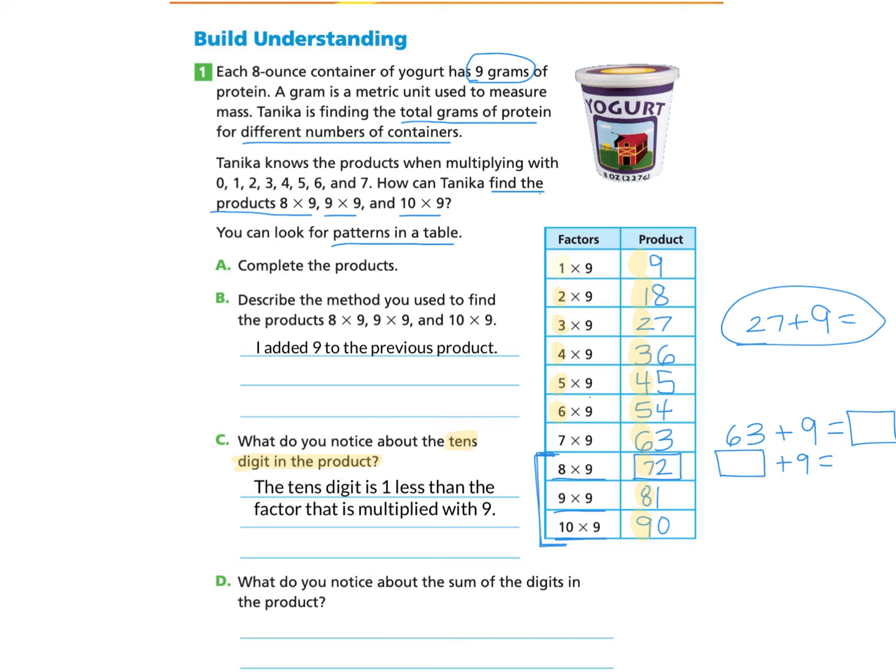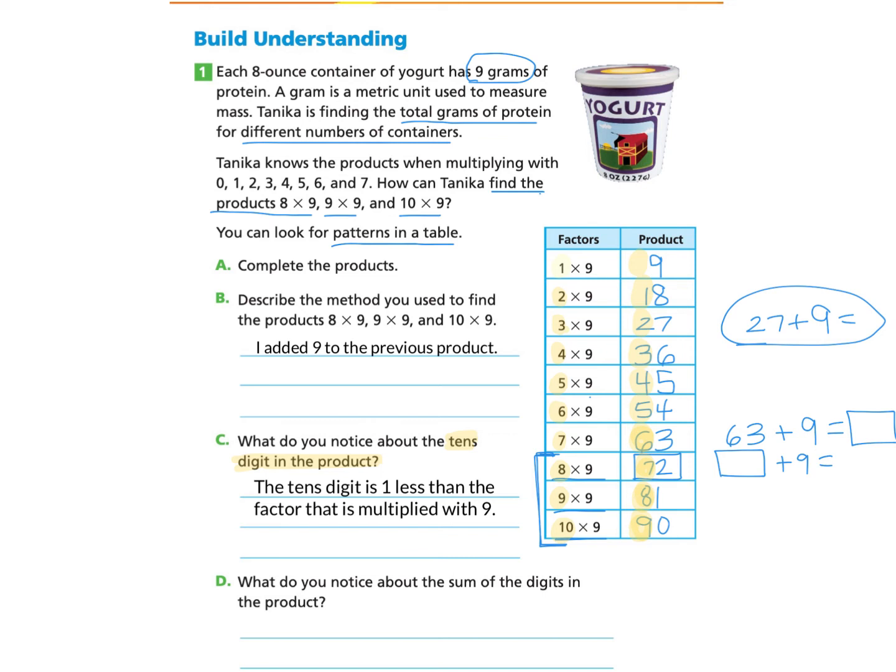And this feels almost like a secret or a special trick with 9s, because we can continue on to make sure that this is correct. When we say 7, take away 1 makes 6, and 8, take away 1 makes 7. 9, take away 1 makes 8, and 10, take away 1 makes 9. So that is a neat pattern that we discovered.